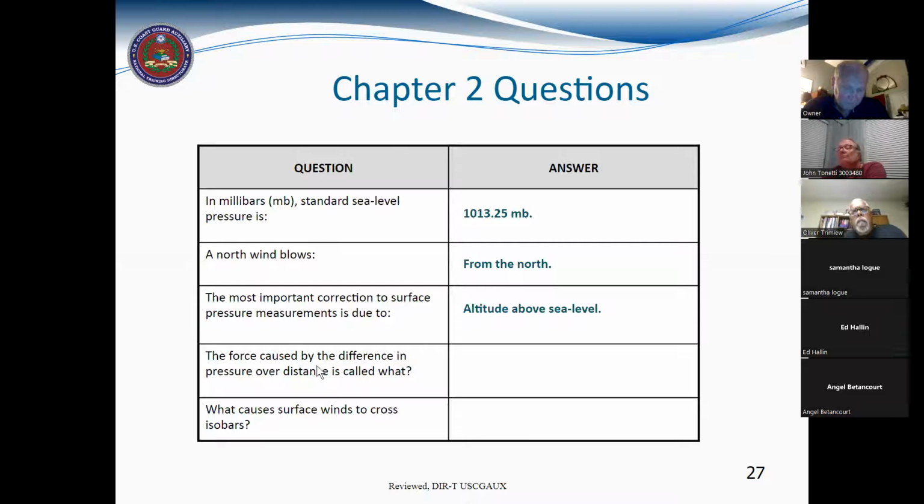My computer is just up and down. What was the question again? The force caused by the difference in pressure over distance is called what? We talked a lot about it tonight. I don't remember. Oliver T, the force caused by the difference in pressure over distance is called what? You've got to unmute yourself. Can you hear me? Yeah, now I can hear you. Go ahead, Oliver. Pressure gradient force.